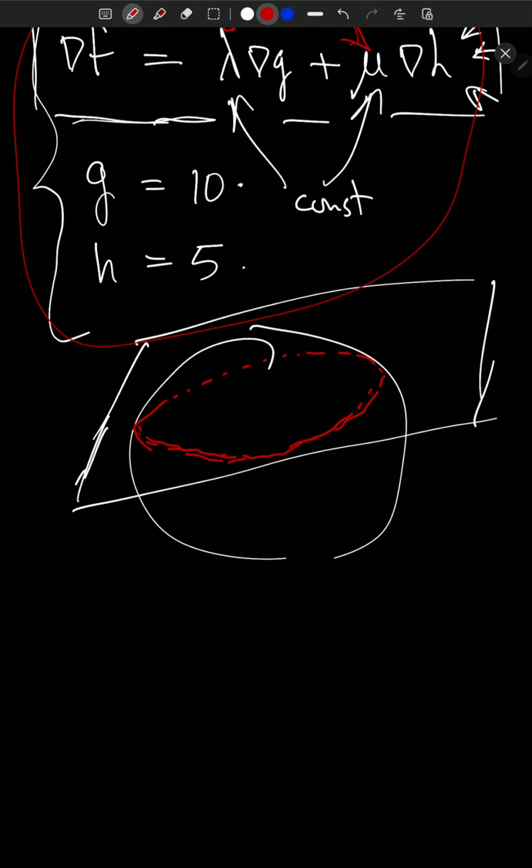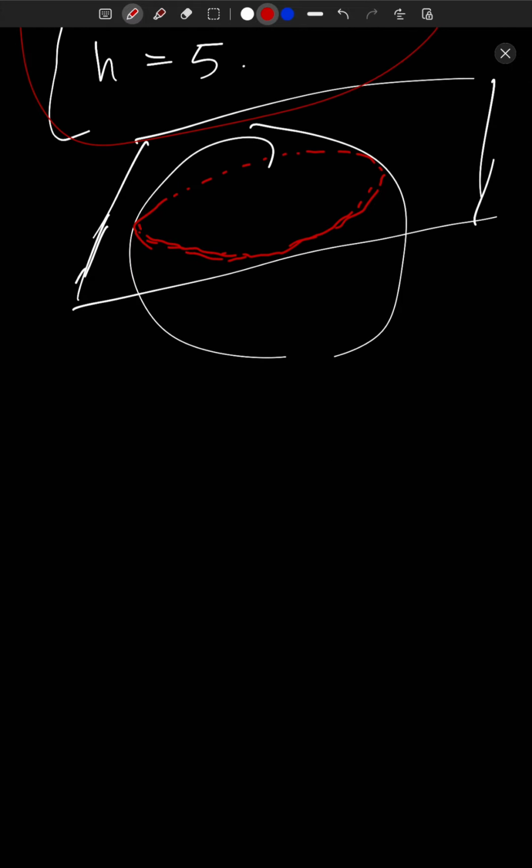So here's a really nice problem, or a problem that you might have to solve.